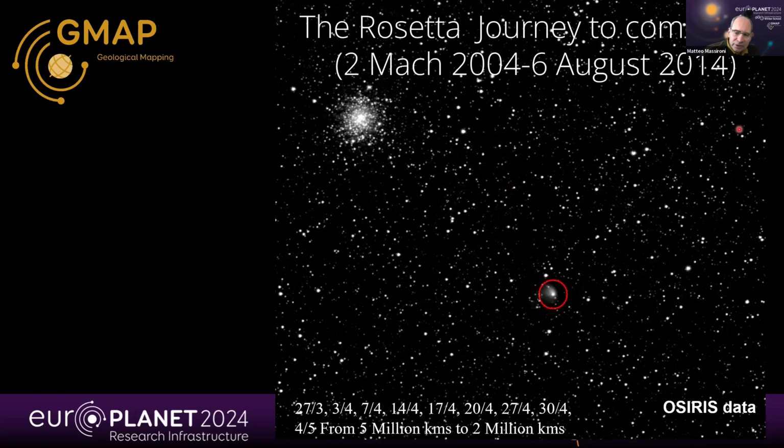So I had the opportunity to be part of these missions from 2008, when it was already launched and had visited, as I said, a couple of asteroids, Steins and Lutetia. And here in August 2014, when we were some millions of kilometers away from the comet, it was still possible to see the sublimation. So the comet was sublimating.